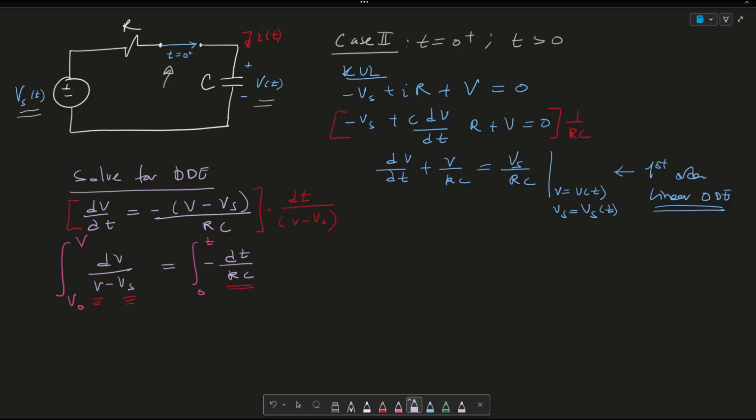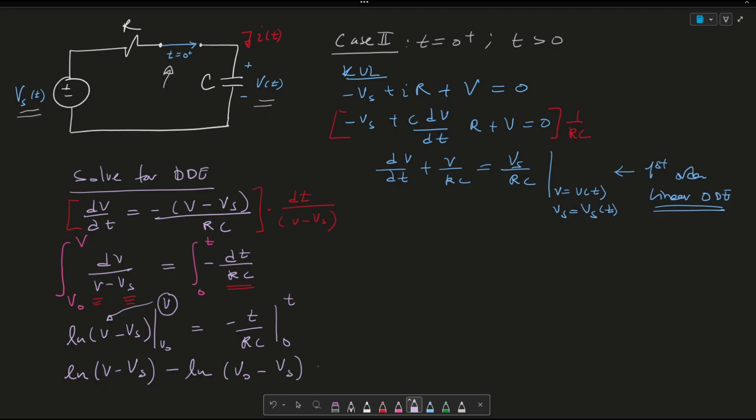So let's continue. We could say then that this becomes ln of V minus Vs, and we're going to integrate from V0 to V, which has to equate to minus t over RC from 0 to t. So then this becomes ln of V minus Vs, right? I'm plugging V into this here, and then minus ln of V0 minus Vs is equated to minus t over RC plus 0.